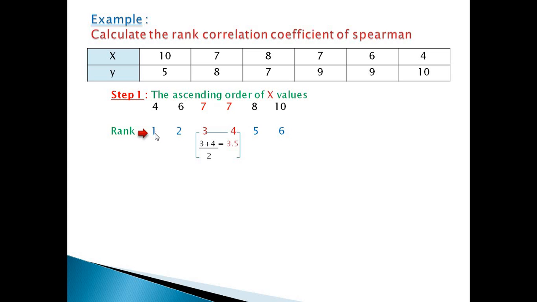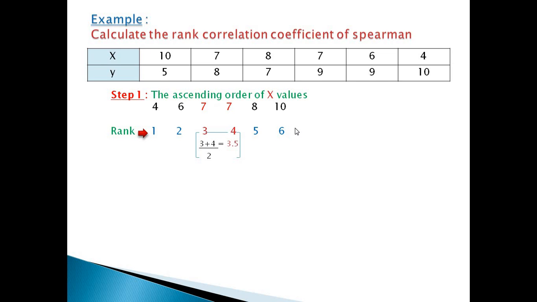Again, the rank of 4 is number 1, 6 is number 2. When you see 7 or any repeated number, you have to find the mean of its rank. So the rank of 7 is 3.5 and also 7, 3.5. After that, we have the rank of 8. Continue after 4. This is the 5th and this one is 6th.